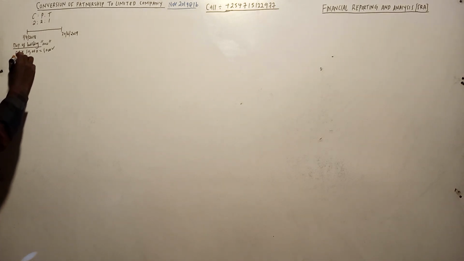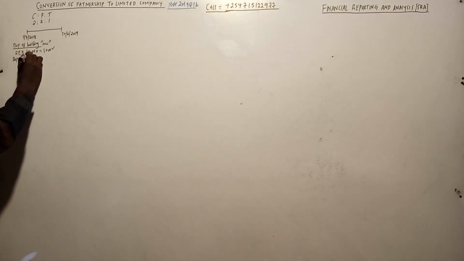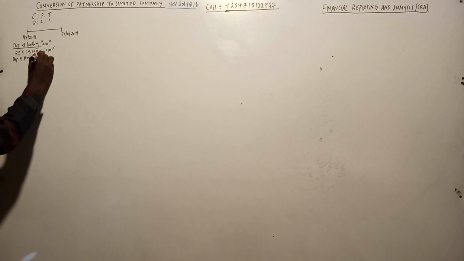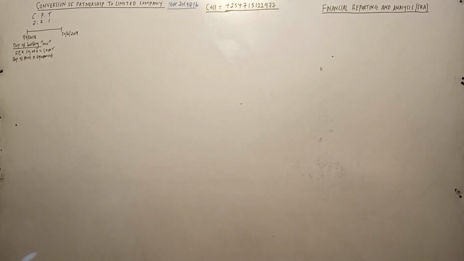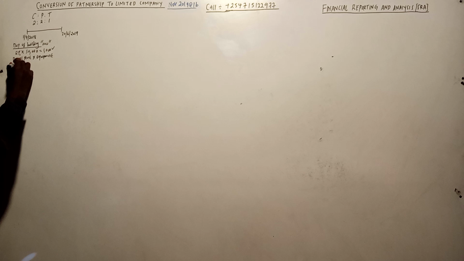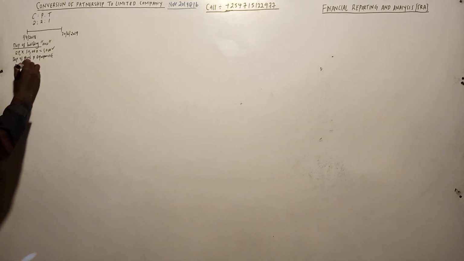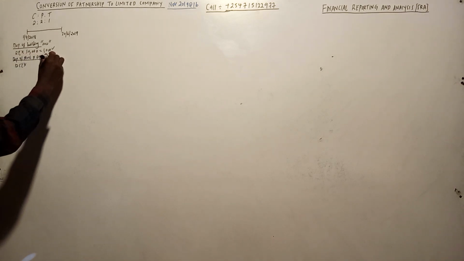Depreciation of plant and equipment. It is how much? 12.5% times the value of the plant. So plant and equipment, let's go back. Plant and equipment, 25,000.